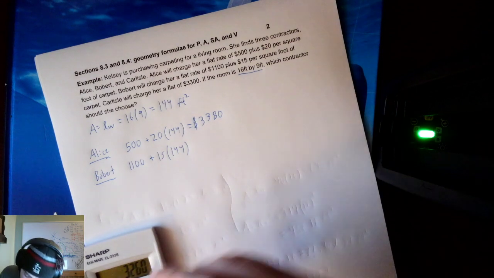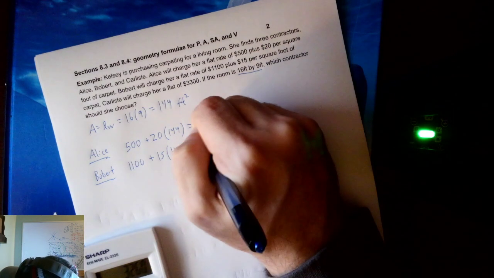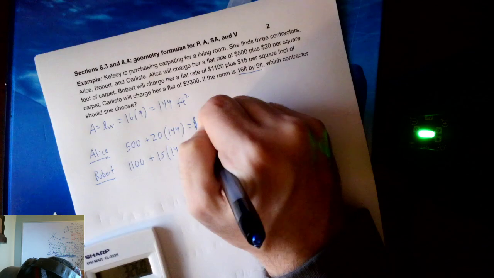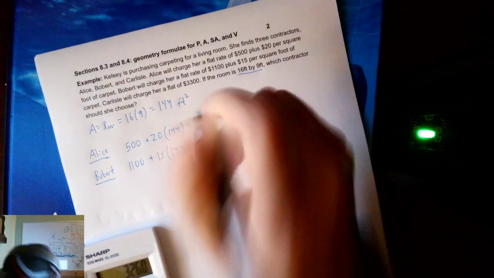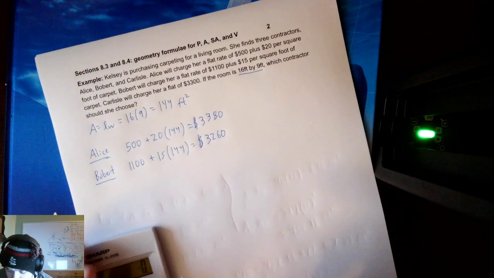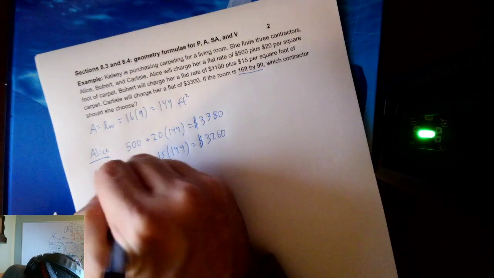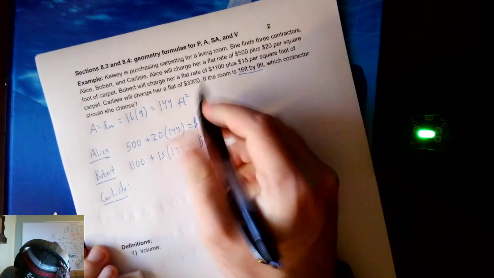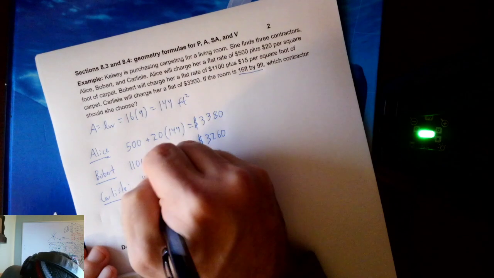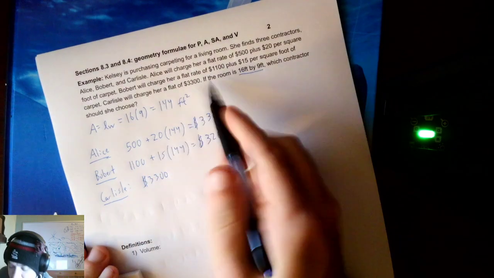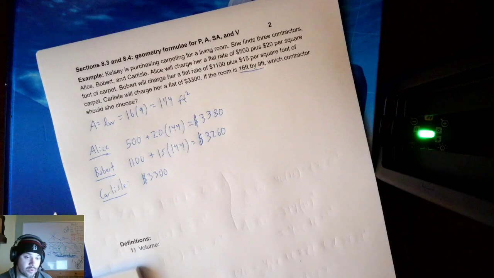That gives me 3,260. So for Bobbert, it costs $3,260. And then Carlisle just charges $3,300, regardless of the size of the room. There's no clause about how much per square foot. It's just a flat rate.